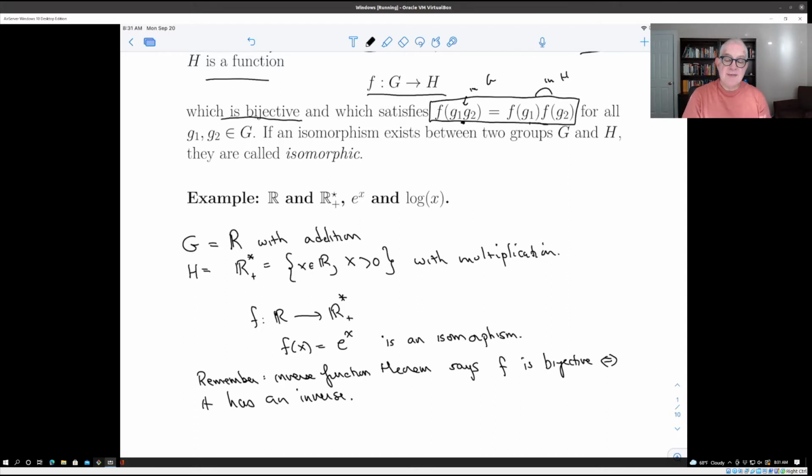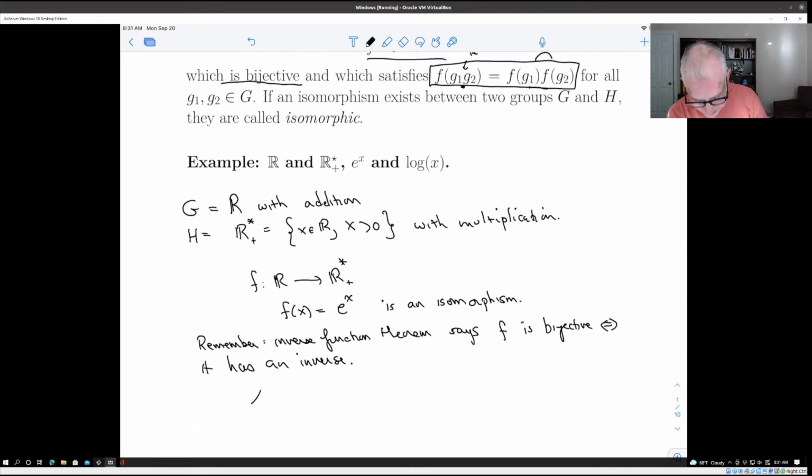And what is the inverse to the exponential function? Well, it's the natural logarithm. And logarithm carries positive real numbers to all real numbers.